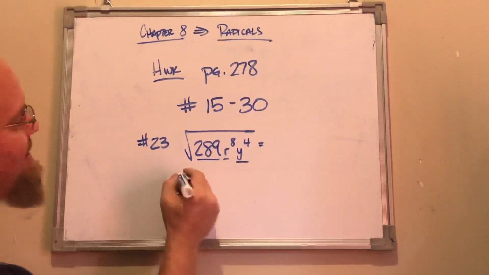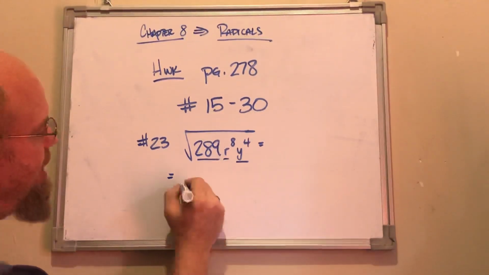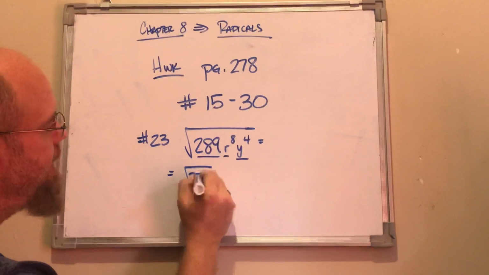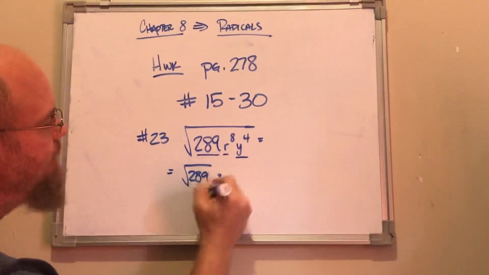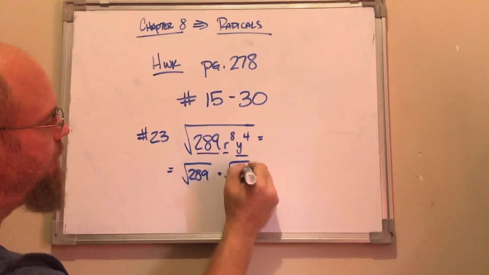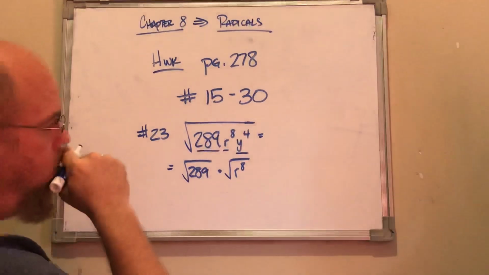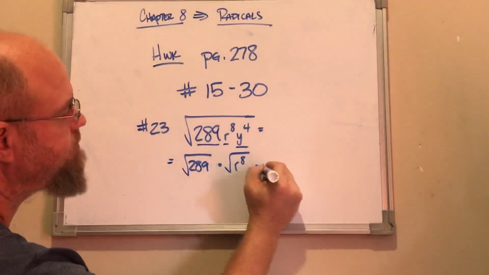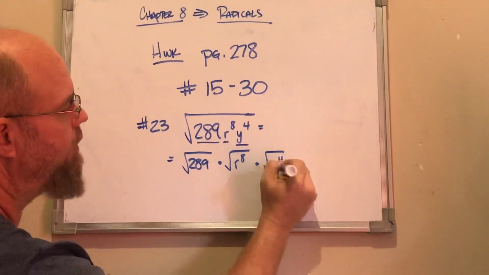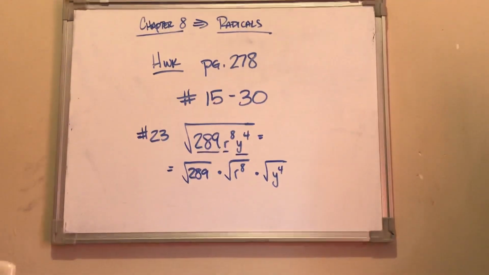So I can write this as the square root of 289 times the square root of r to the 8th times the square root of y to the 4th.